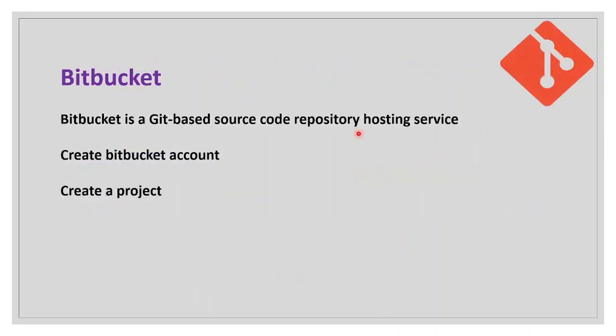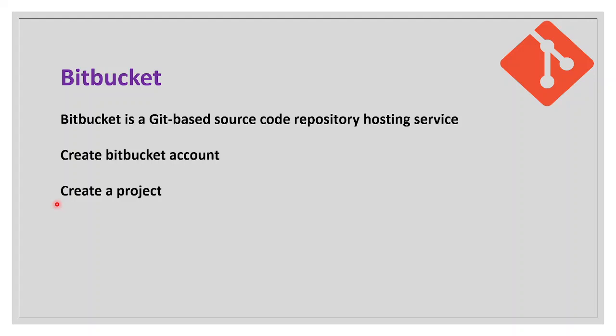Bitbucket is a source code repository hosting service. Whatever source code we push, this service is going to host all these files and information. To access Bitbucket, we need to create a Bitbucket account, and under that, create a project.